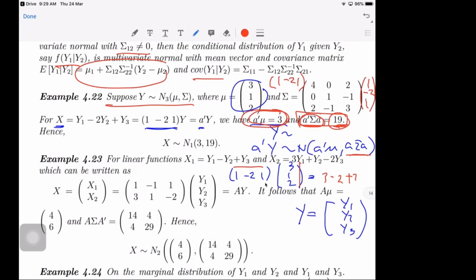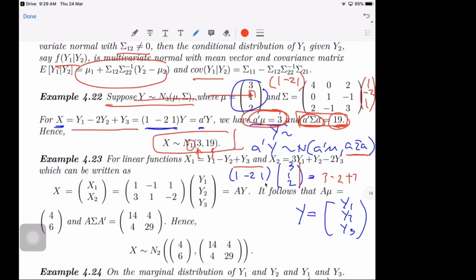Hence, if your y is normally distributed with these parameters, then your x, which is y1 minus 2y2 plus y3, will still be normally distributed with mean 3 and variance 19.